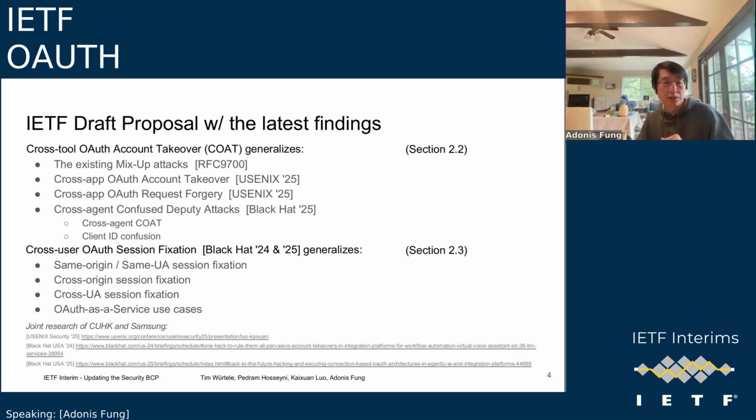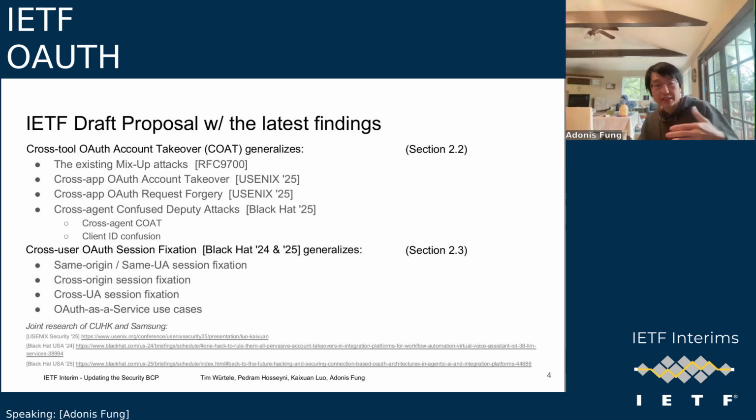And the other bucket is the cross-user OAuth session fixation attack. If you have a chance to look at our latest draft, with the link included on the first or second slide, you will see that they are now in section 2.2 and section 2.3.